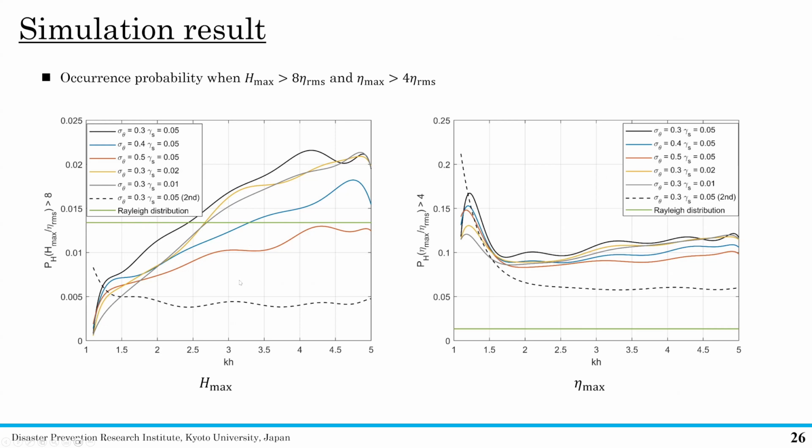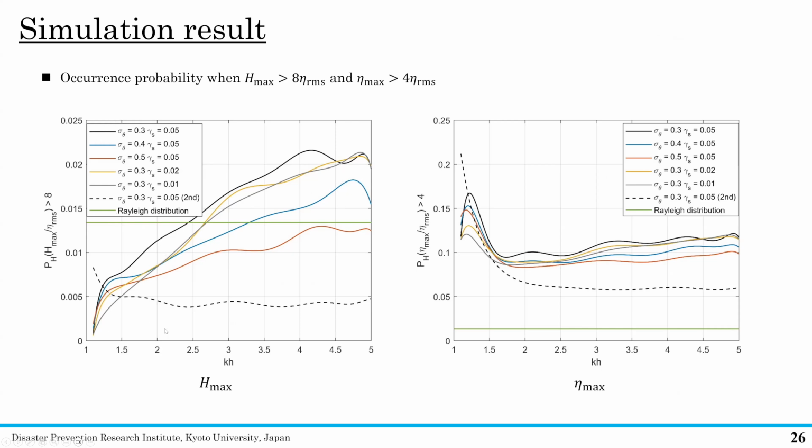Because the sample size we use here is only 300, and we only want to see their difference, the result is still not very uniform. It has some fluctuation here, but it is enough for us to see the difference. That is the same as what I said before: in deep water, where the Ursell number is very high, the initial condition is very important.